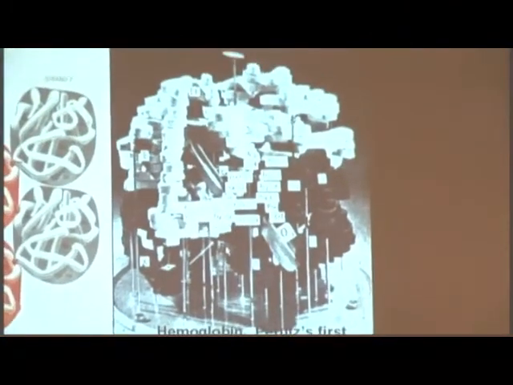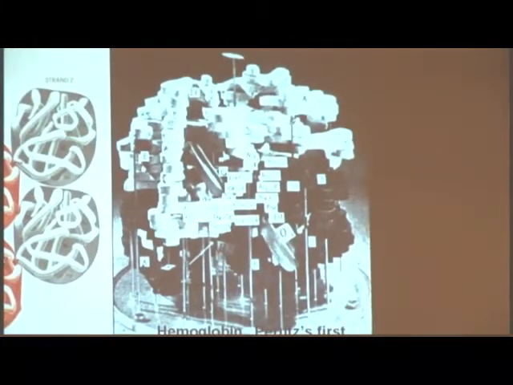So this is Max Perutz's original study. The alpha chains are white, the beta chains are black, and you can see the oxygen binding site here and so forth. Obviously now it's known in much greater detail, but this is a historical event of monumental proportions in the history of biology.